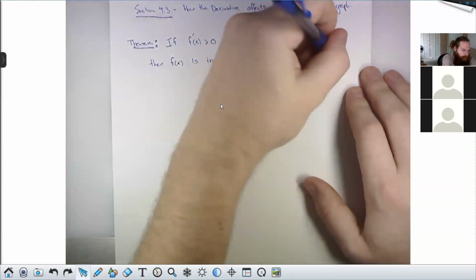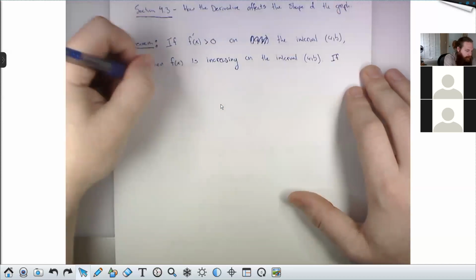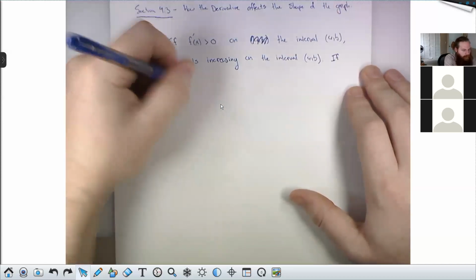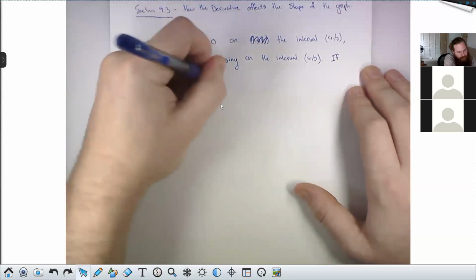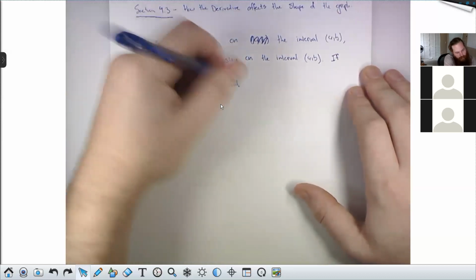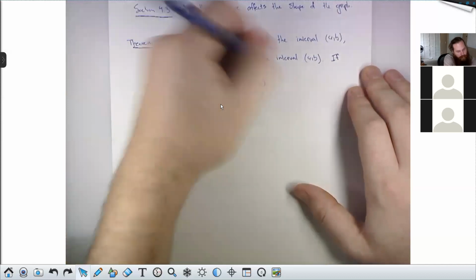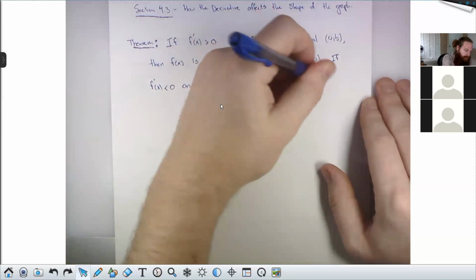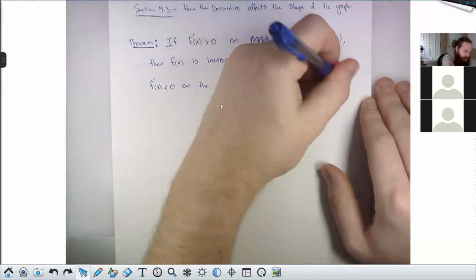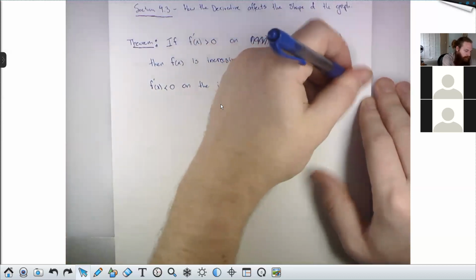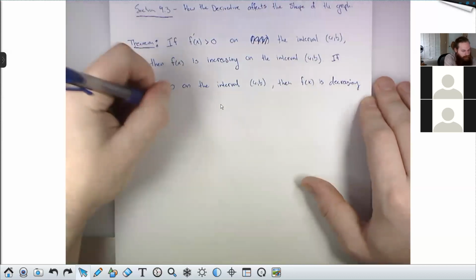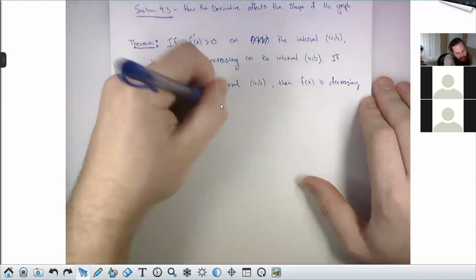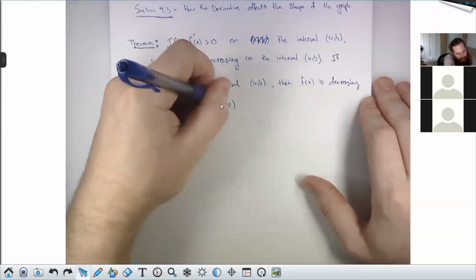And also, if f prime of x is negative on the interval (a, b), then f of x is decreasing on the interval (a, b).